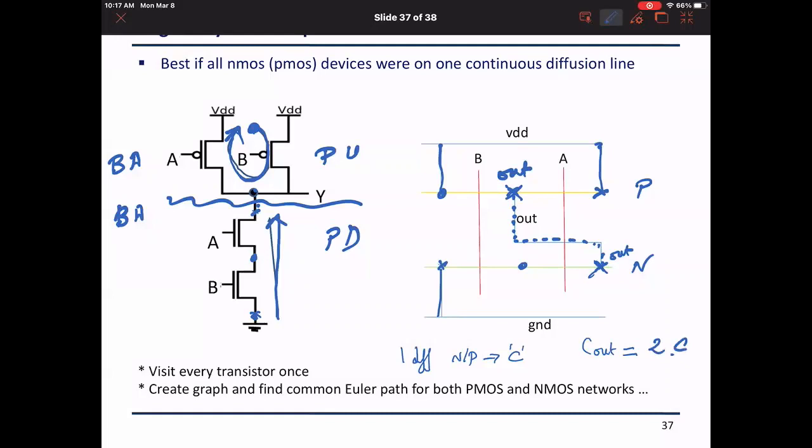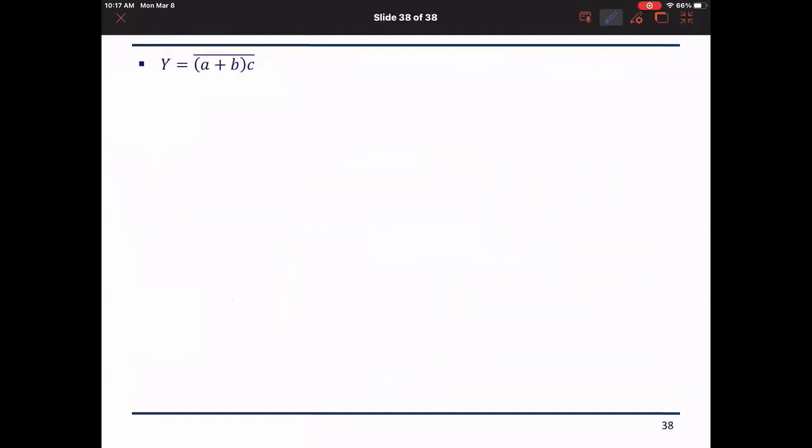Assuming same widths, we are considering same width for all devices. If we say every slot in the diffusion is 1C, the out is connected once to the P and once to the N. And of course if CP is different from CN, it would be 1CP and 1CN in this example. Okay, this explains it briefly.